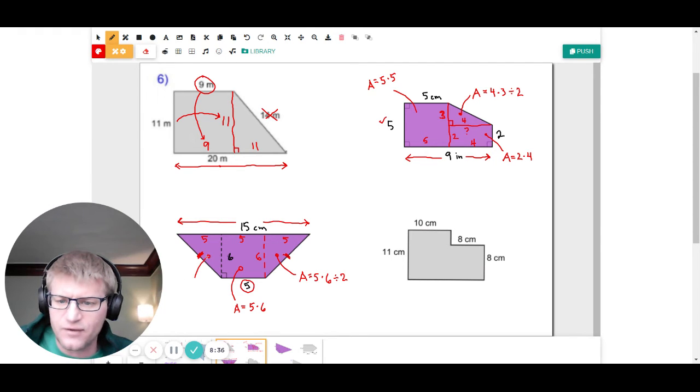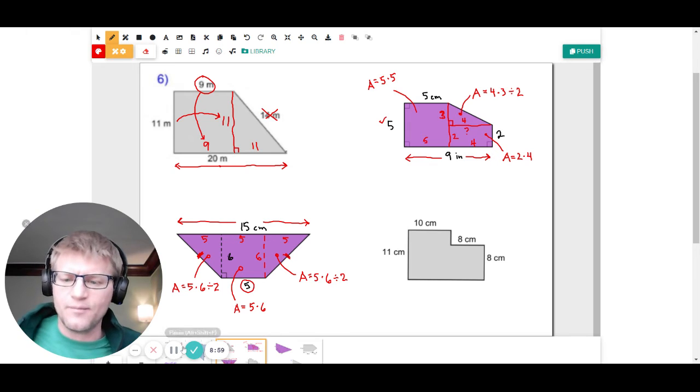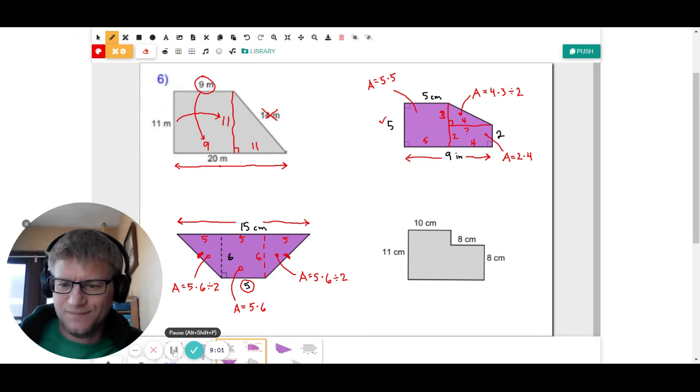We have 5 as a base and 6 as the height. So the area of this side is 5 times 6 divided by 2. Now, I know these look complicated, but what we're really looking at is, can you start to transfer things across a form? Okay, I'm going to pause this for a second and then come right back for the second page.